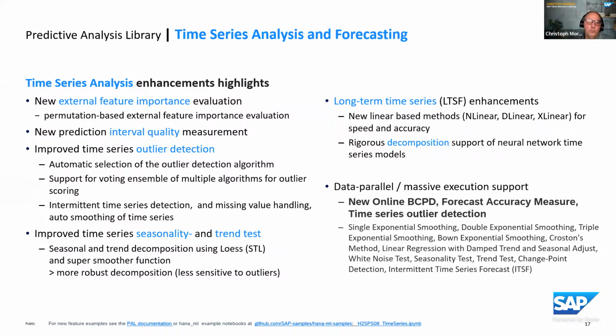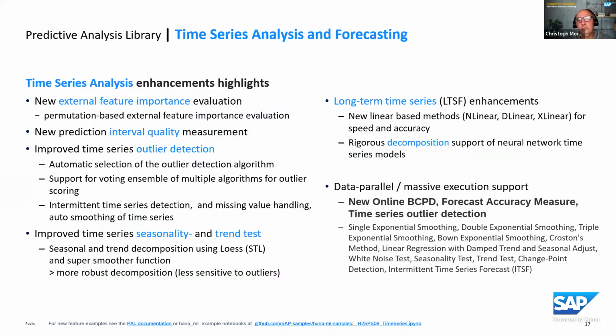There are also more details in the blog and the examples about these methods. Long-term time series forecasting is a neural network algorithm enhanced with new neural network methods, linear methods here, which provide better speed and accuracy.